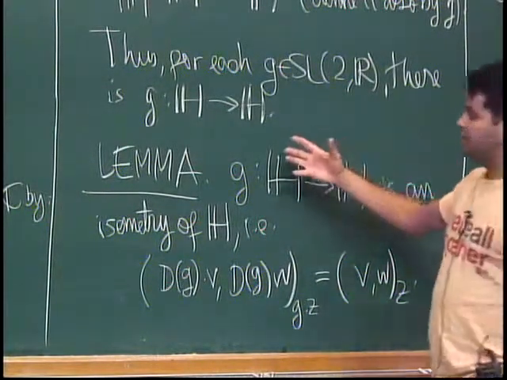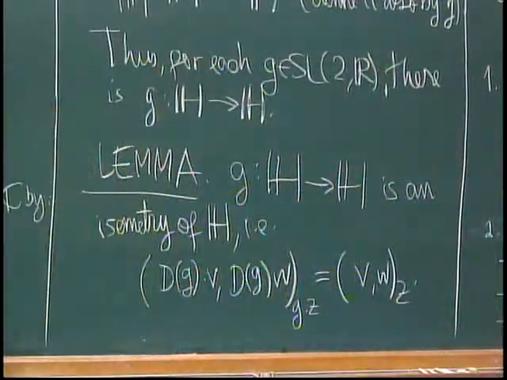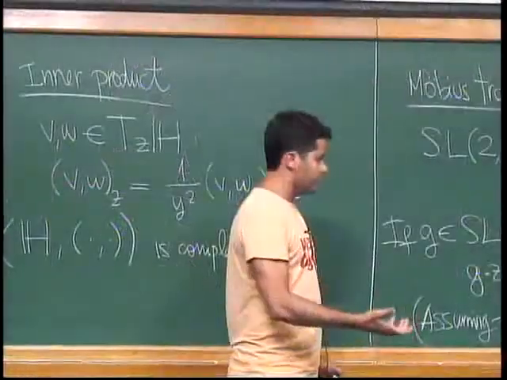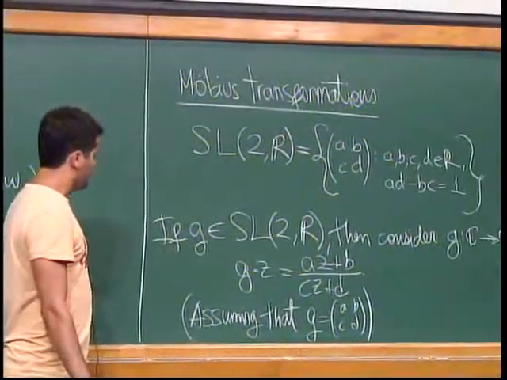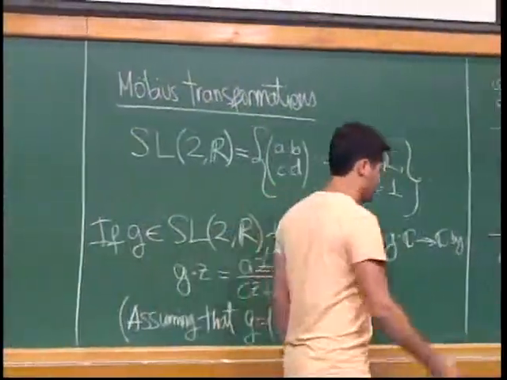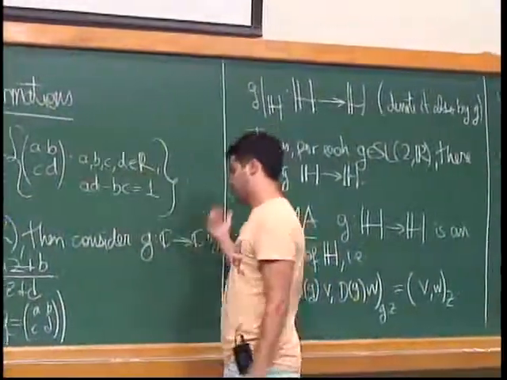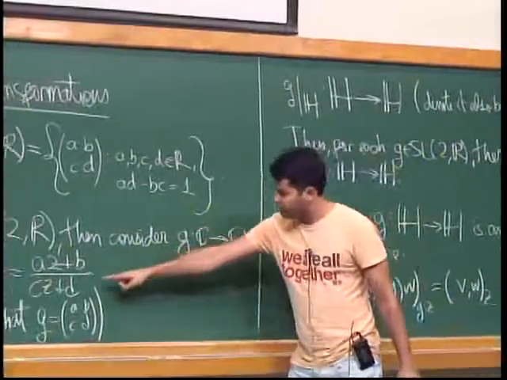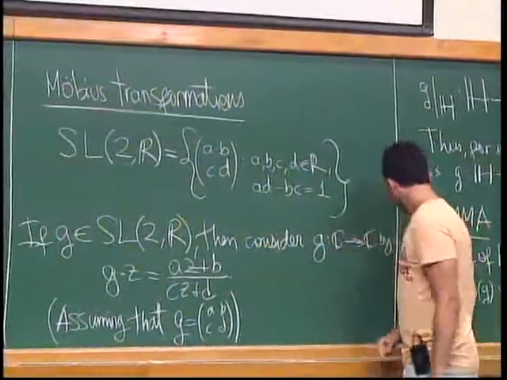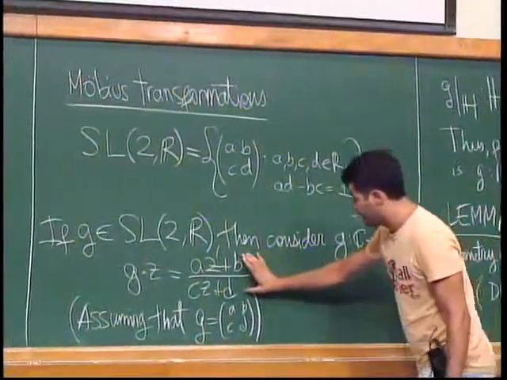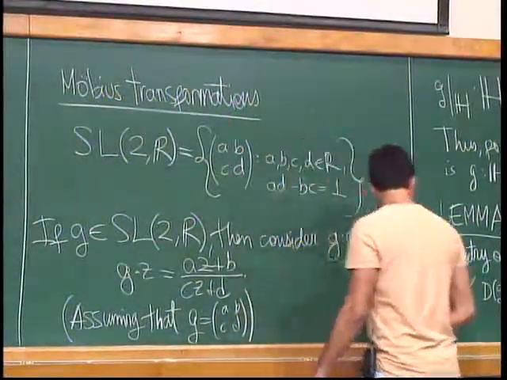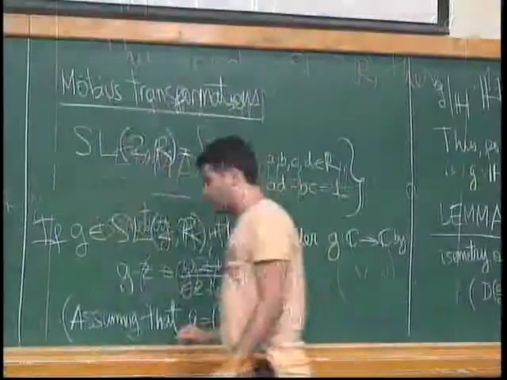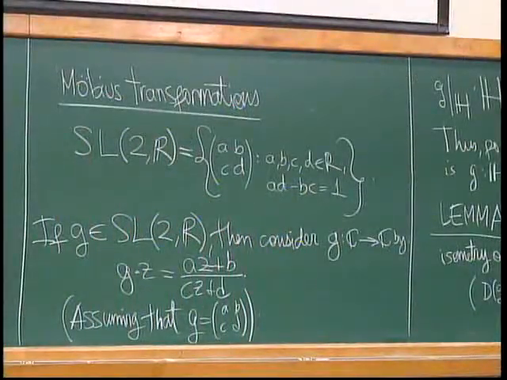So this gives us a lot of symmetries of our space. I mean, you have a manifold, and the symmetries of the space, we call them isometries. So the lemma says that we have a lot of isometries, because for each of these guys you have one such fractional transformation. And actually these guys here, from now on, I'm going to call them Möbius transformations. So each such fractional transformation will be called Möbius transformation. Let's write it here.